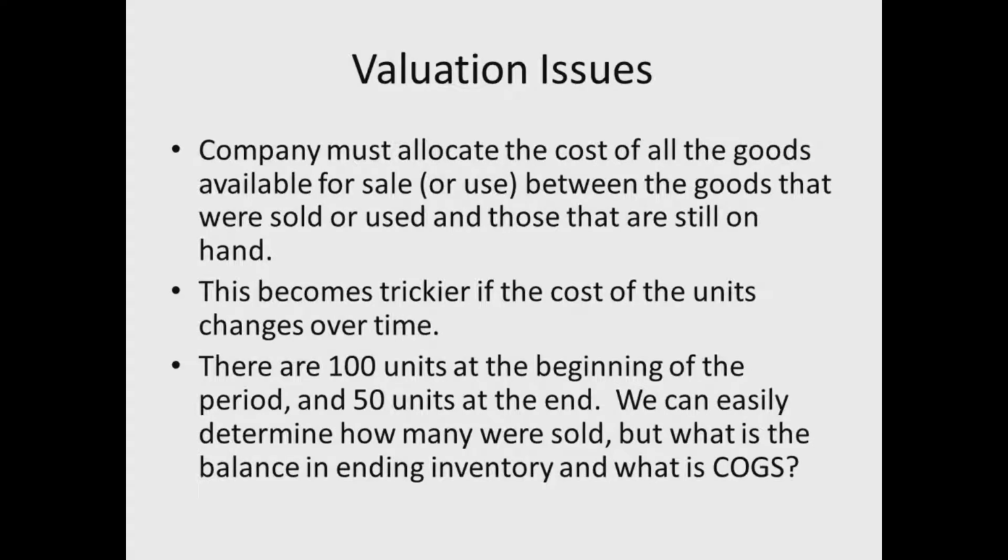Now, let's say we sold 100 units in March. Well, then logically you had to have sold the ones that you started with since you didn't buy the next ones until June. But even if that's the case, from an accounting perspective, that's not relevant. The actual flow of goods in the firm has nothing to do with the choice of accounting method that you make.